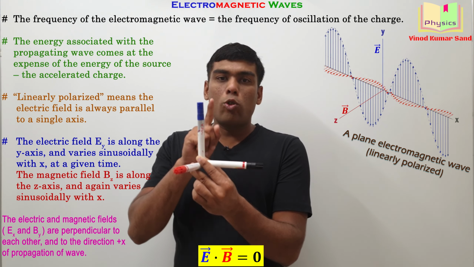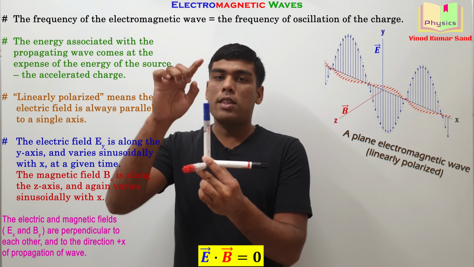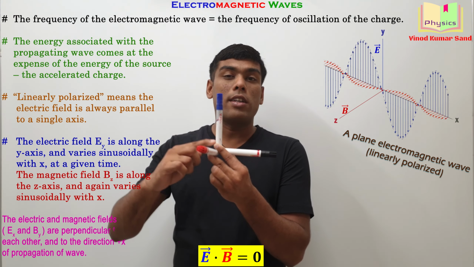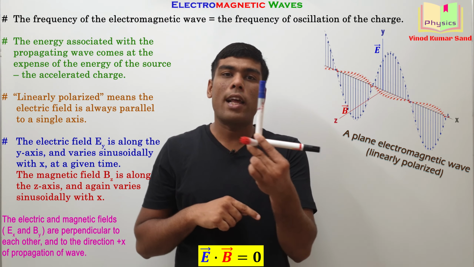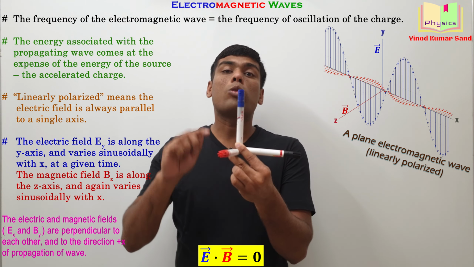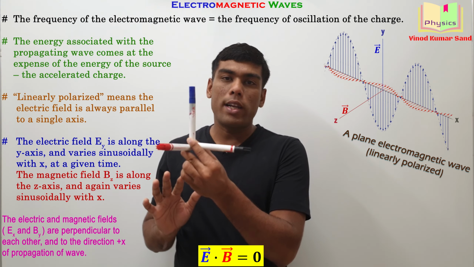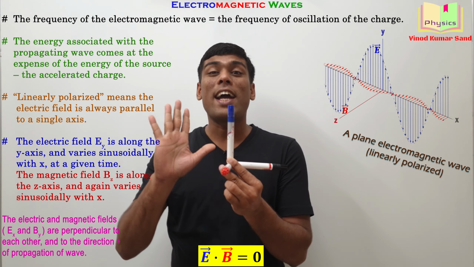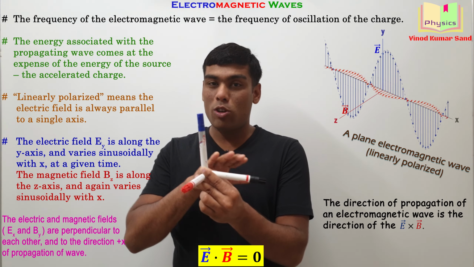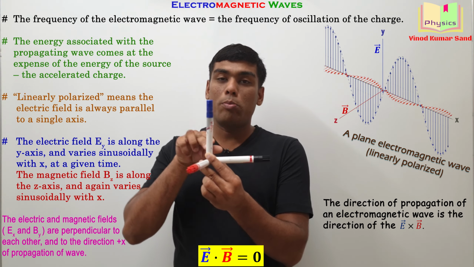In an electromagnetic wave, the direction of the electric field, the direction of the magnetic field, and the direction of the propagation of the electromagnetic wave, all three are always mutually perpendicular. And eventually, we can use the right hand rule to determine the direction of the propagation of the electromagnetic wave.